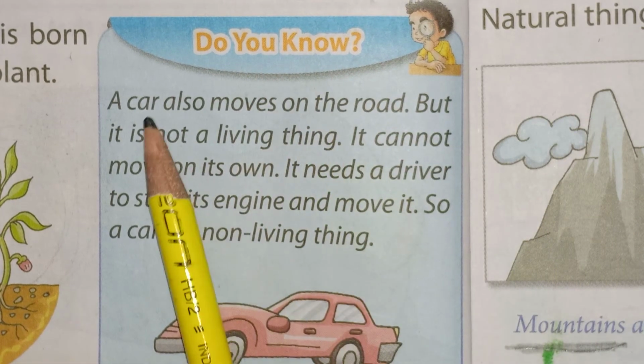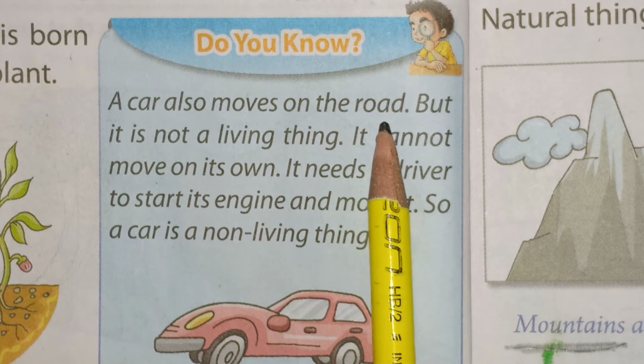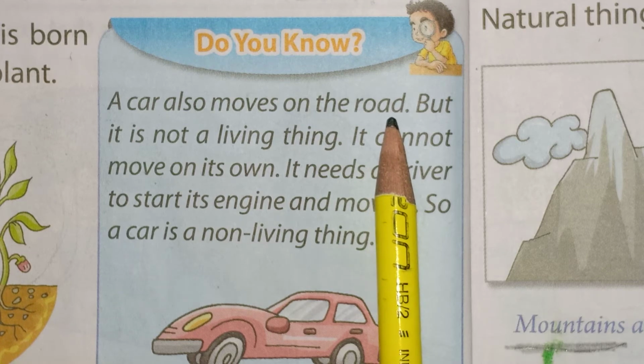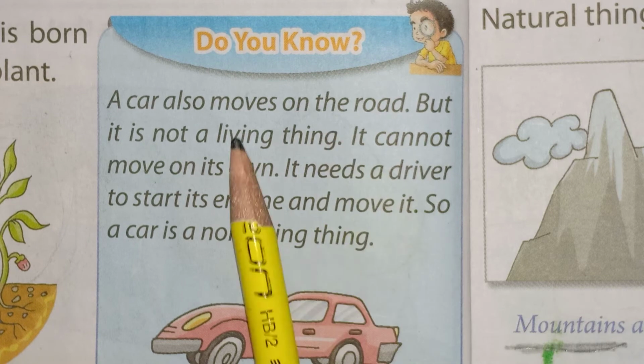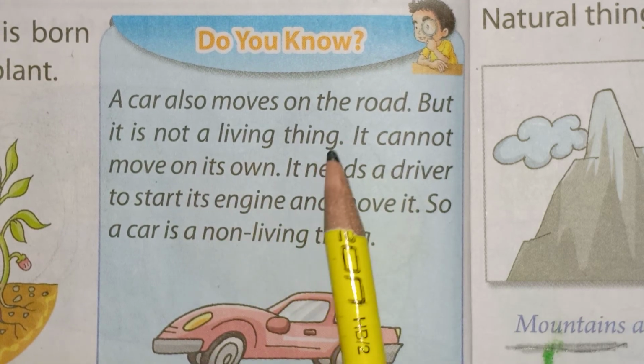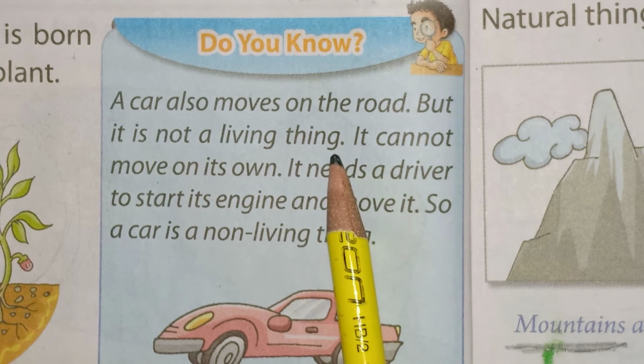Do you know a car also moves on the road? The characteristic we saw of living things is that they move from one place to another, but a car is not a living thing. A car moves on the road. So is it a living thing? No. It cannot move on its own.